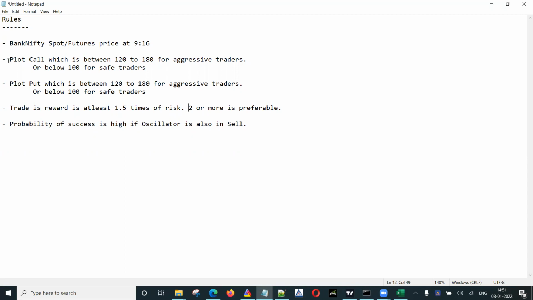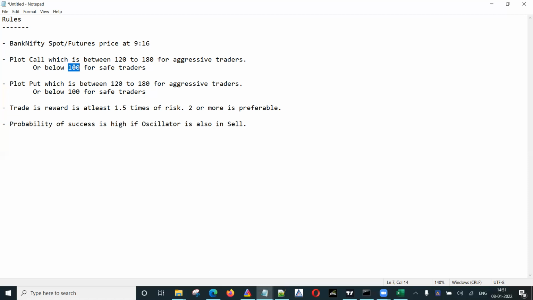For aggressive traders, the call that they can select and trade on is any strike which is between 120 to 180 rupees, and safe traders can select a strike which is below 100, right? I know that most of the traders who trade expiry, especially the huge volume traders, would be picking the strikes which are below 100.